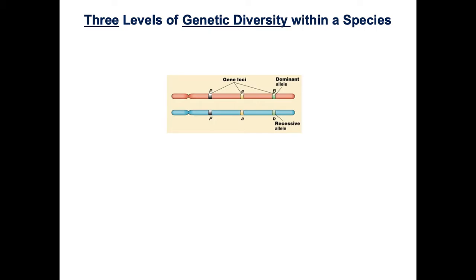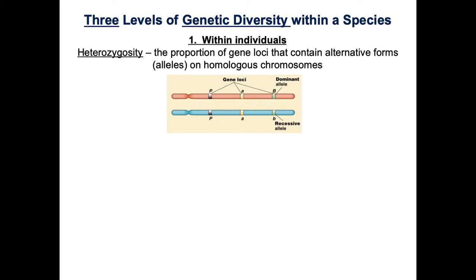So there's 3 levels of genetic diversity within a species. Within an individual, and we usually look at something called heterozygosity. And if you're heterozygous for a gene, then you have 2 different versions of that gene, 2 different alleles in your genetic code. And if we look at that across lots of genes, then we can get the proportion of genes where we have more than 1 copy of that gene.